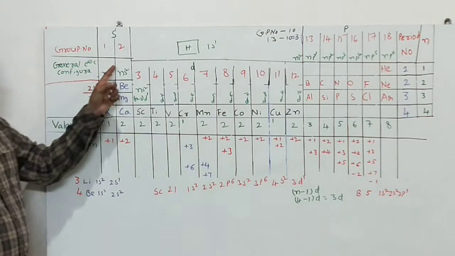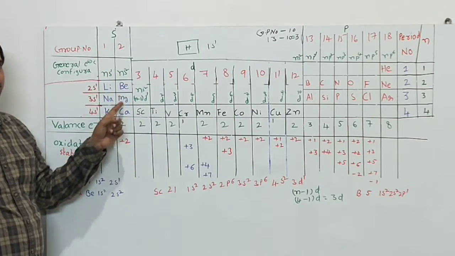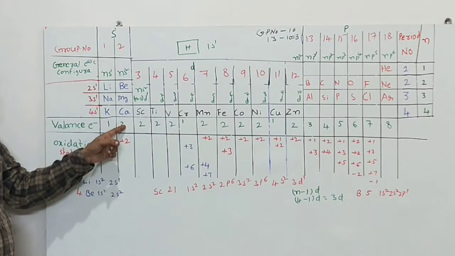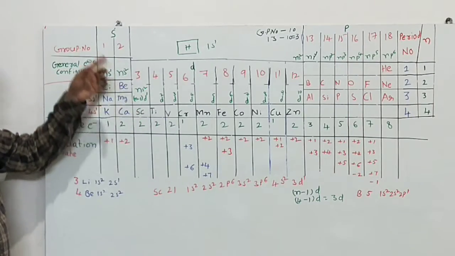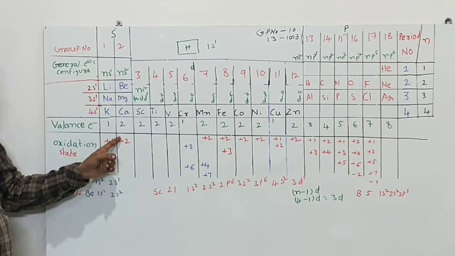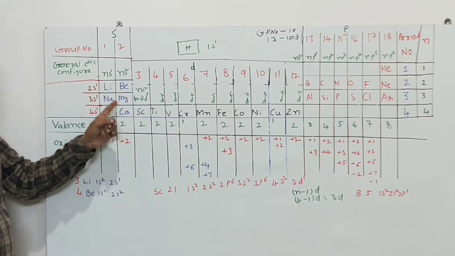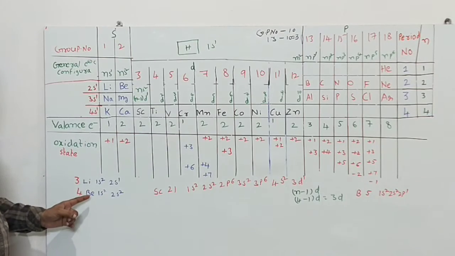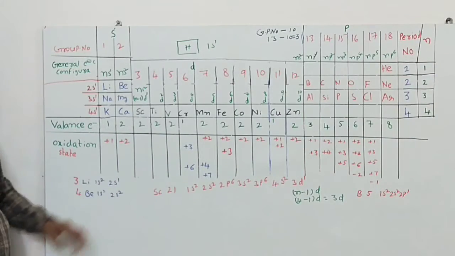Okay, now second group elements, beryllium, magnesium, calcium: valence electrons are 2 and the general electronic configuration is ns2, and the maximum positive oxidation state exhibited by these group elements is +2. And see here, beryllium, atomic number is 4, electronic configuration 1s2, 2s2.